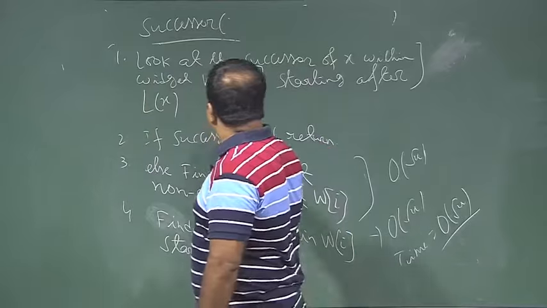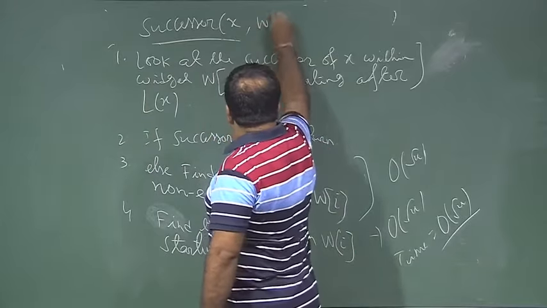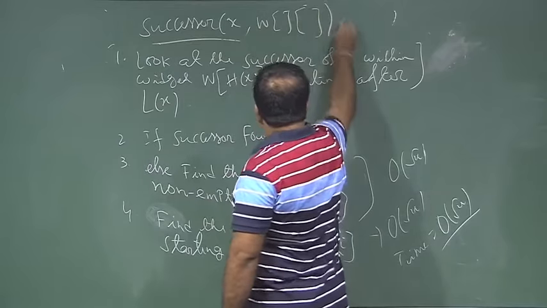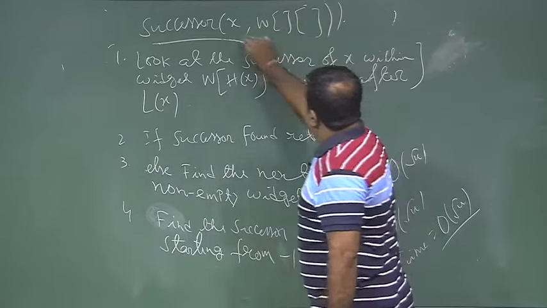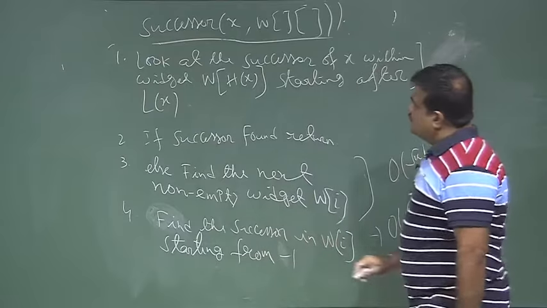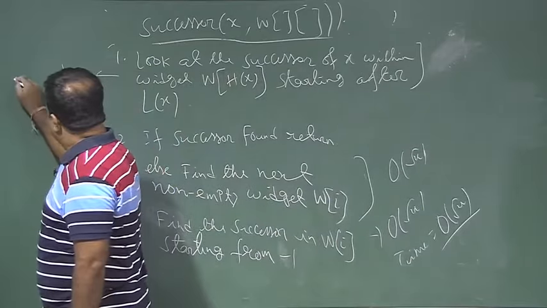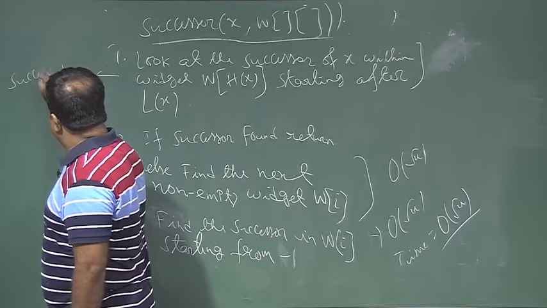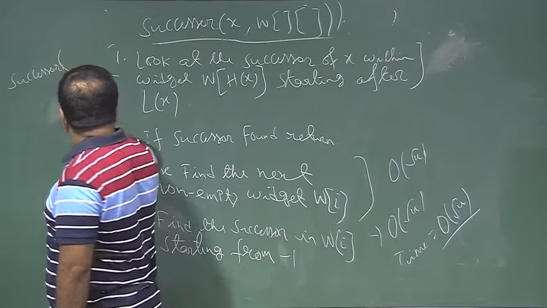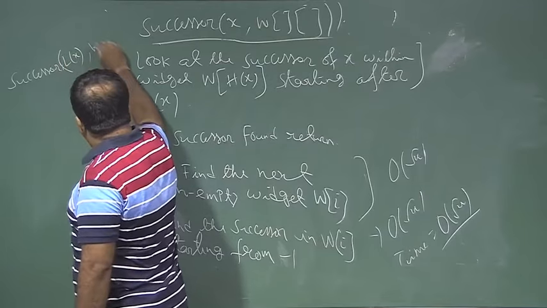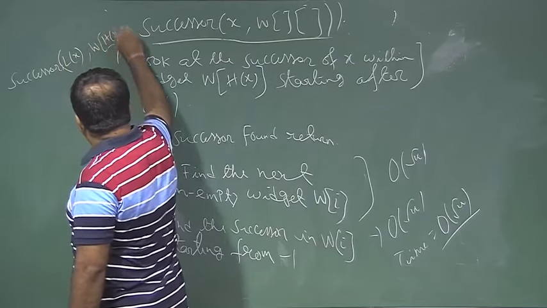This is a successor call, say successor in w, where w is the 2-dimensional array and we find the successor of x in it. Now, this is also a successor call: the successor of low of x in w of high of x.